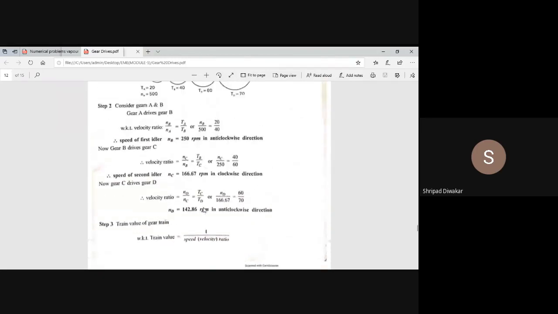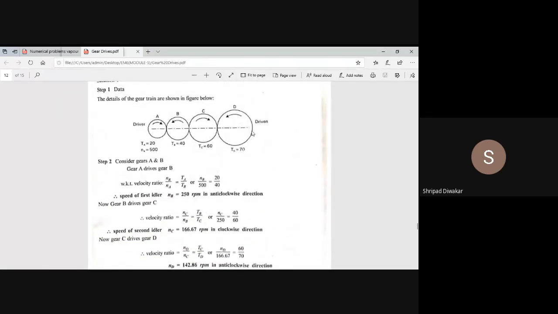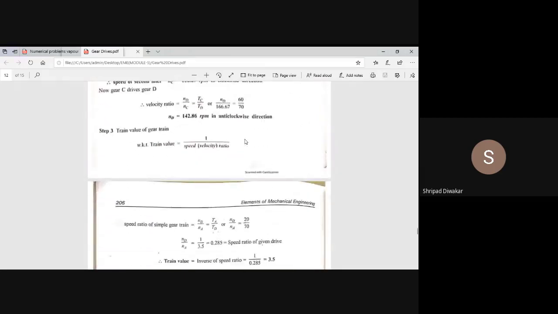We calculated all the speeds, but we have not calculated the overall velocity ratio. To find the overall velocity ratio, ND divided by NA equals TA divided by TD. Very simple formula.